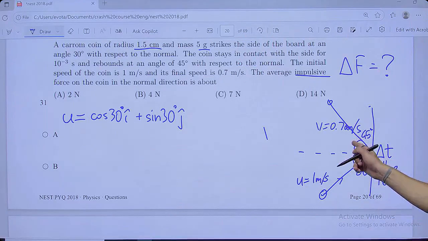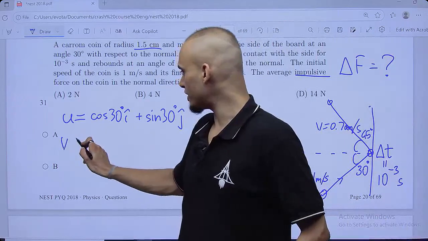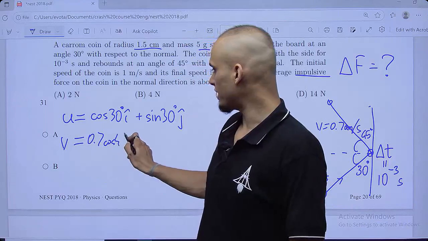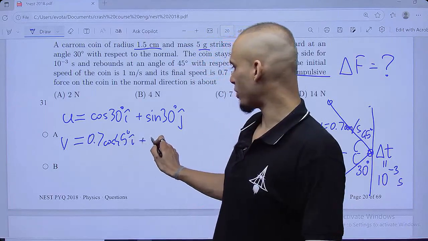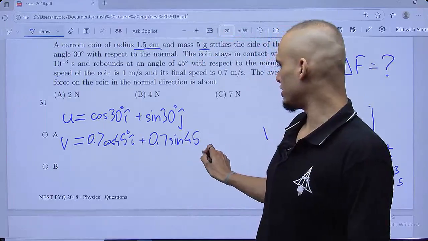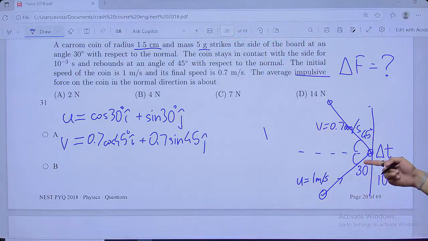And since the final velocity makes an angle of 45 degrees, but its magnitude is 0.7, the components of the final velocity will be 0.7 into cos 45 degrees, which is the same as 0.7 into sine 45 degrees. These will be the i cap and j cap components of the final vector. Now remember, momentum change only happens along the x direction, because that is the direction of the normal force, right?